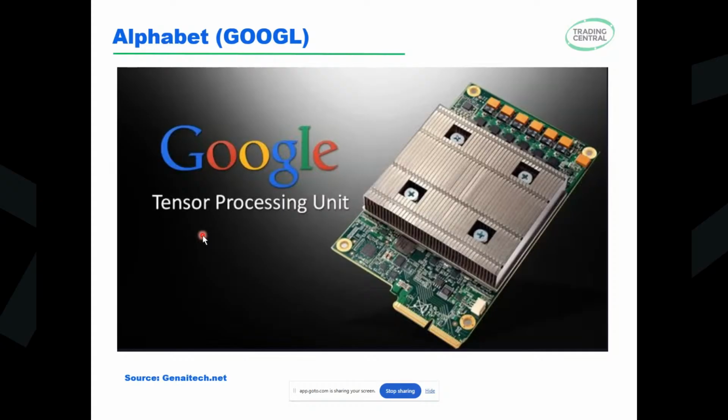Yes, Google is also making chips, just like NVIDIA. All right, its chip is called Tensor Processing Unit. We always call it TPU. NVIDIA produces what? GPU, Graphics Processing Unit, and Google's TPU is going to compete with NVIDIA's chip.